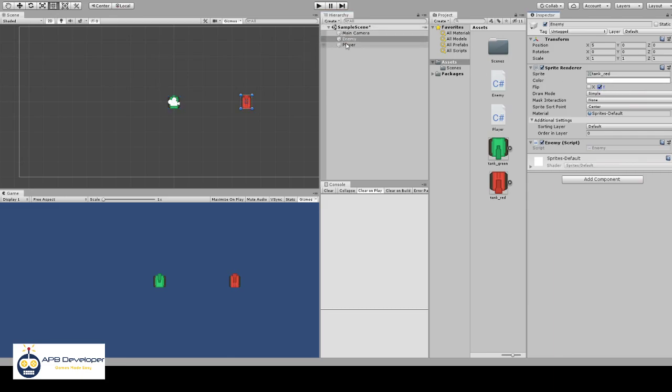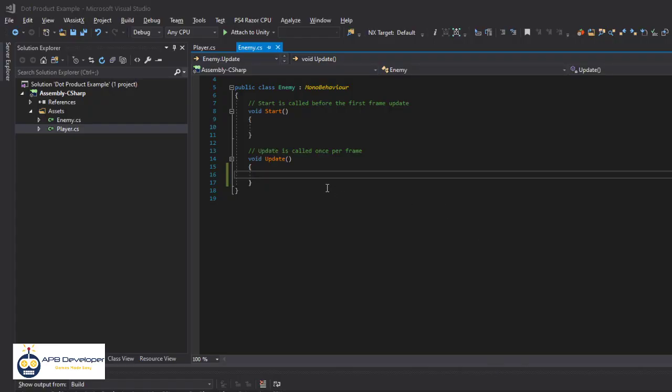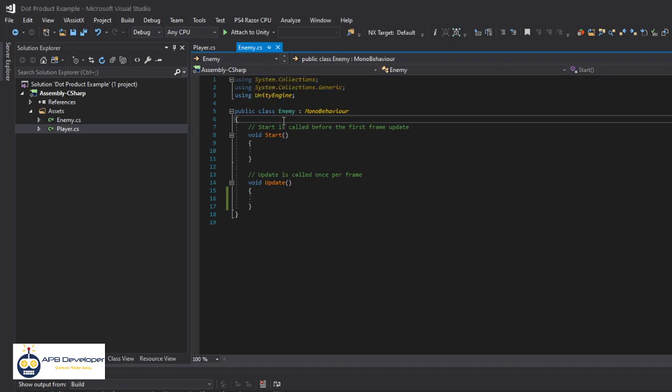Right, so now the first thing we'll do is just get the enemy to sort of wander around. So if we go back to our code, now a little, not much more complicated, but a little bit.